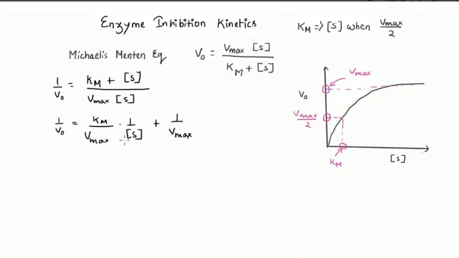Right. So this equation is called a double reciprocal equation, and the graph that is going to be generated is called the Lineweaver-Burk plot. Now, how does that look? We draw it like this.